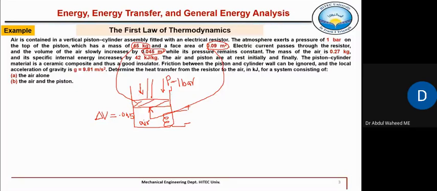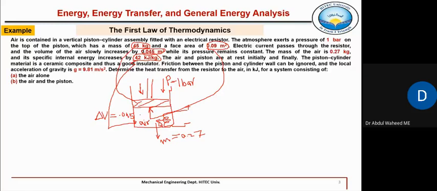The mass of the air is 0.27 kilograms. The mass of this air, which is enclosed, is 0.27 kilograms, and its specific internal energy increases by 42 kilojoules per kilogram. Because heat is transferred, this electrical energy will be converted into heat. This heat is transferred to this air, and then the air volume increases.